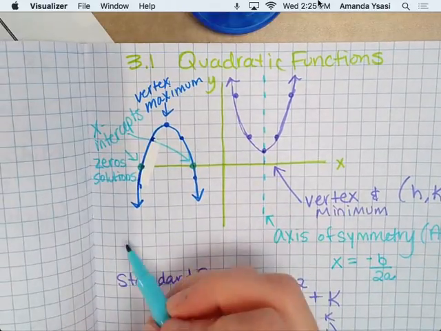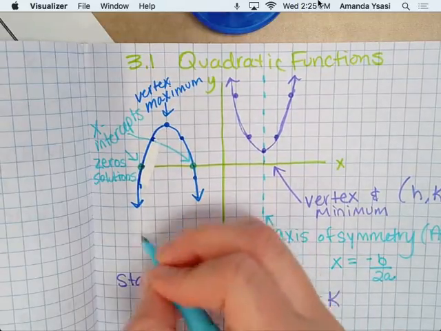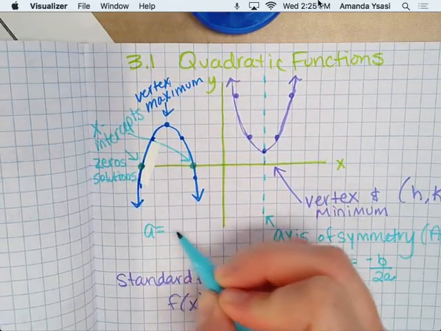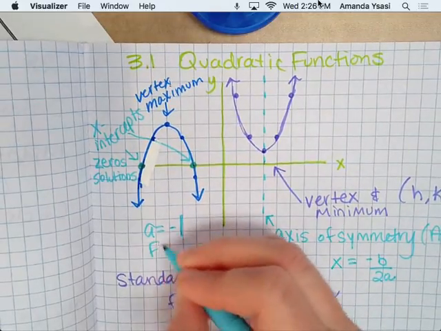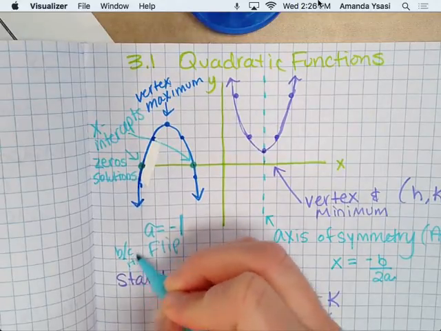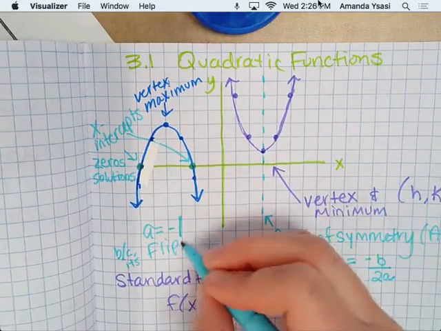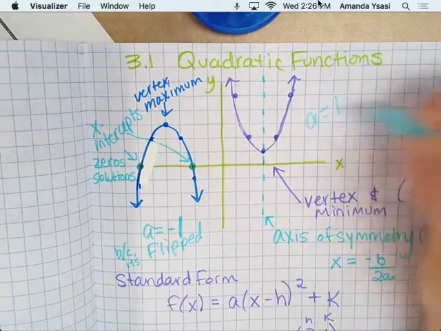And then whenever you actually graph this one, not graph it, but write the equation, your a is going to be a negative 1 because it's flipped over. Because the parabola is flipped. This one was positive 1.